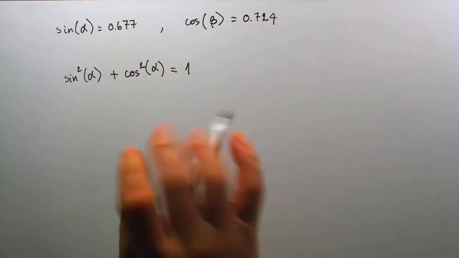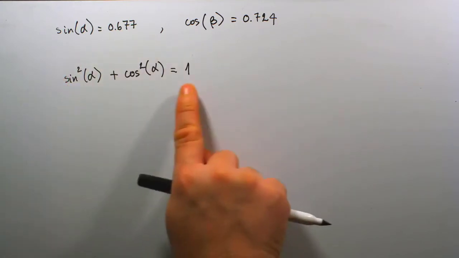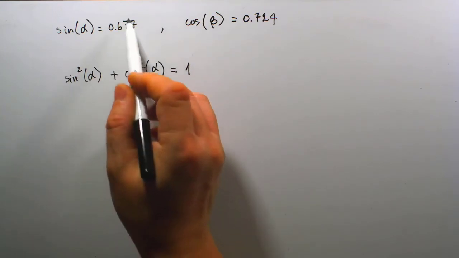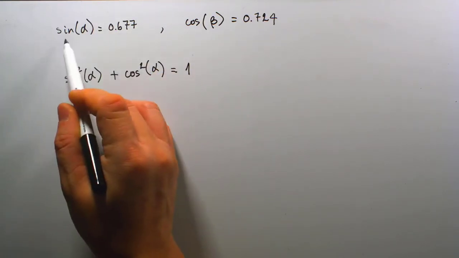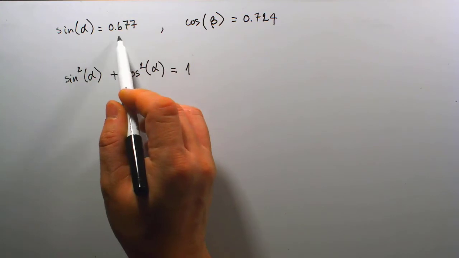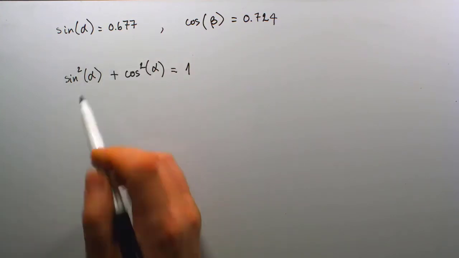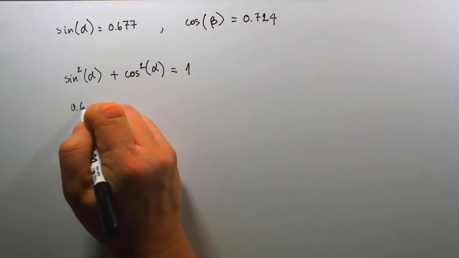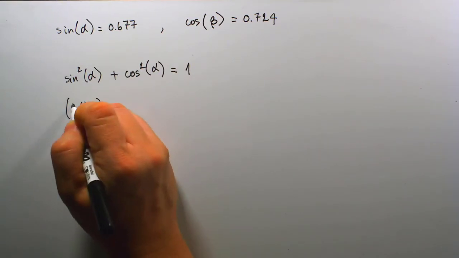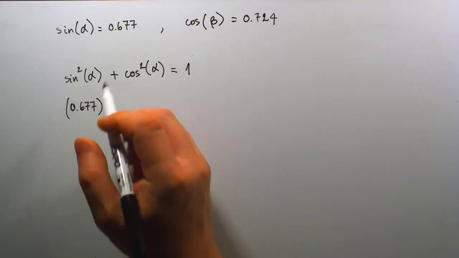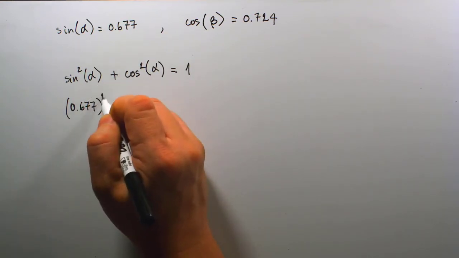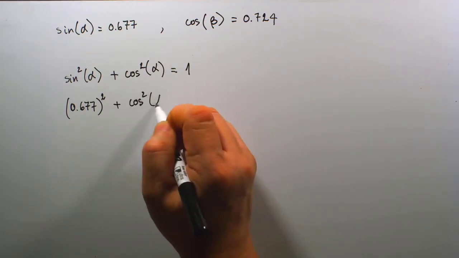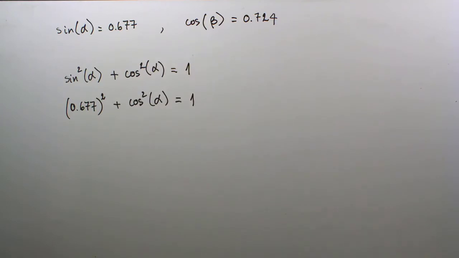And so now right from this famous Pythagorean identity, we can start substituting our given sine of alpha value, 0.677, right into this equation. So in the next step, after substituting in for sine of alpha, we're looking at 0.677 in quantity squared plus cosine squared of alpha equals 1.